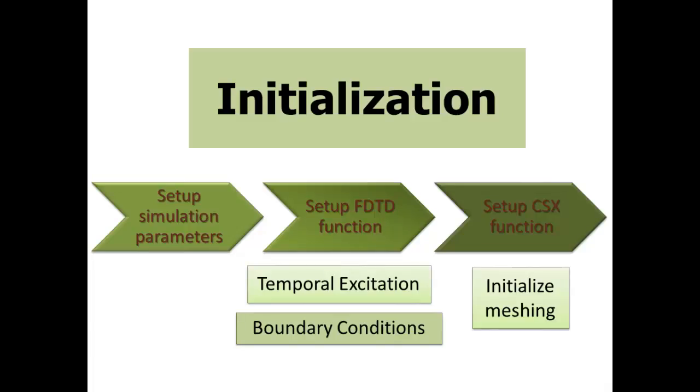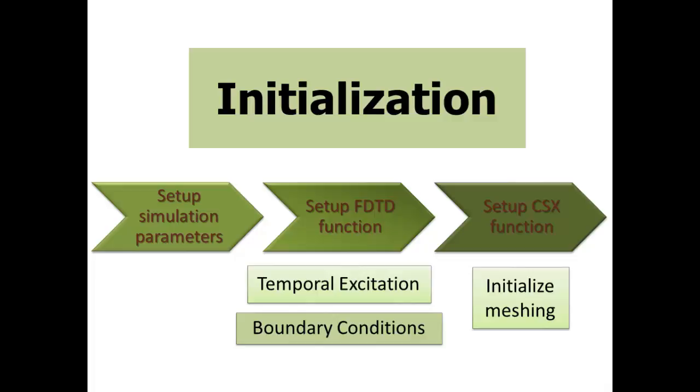Initialization includes three main steps. The first step is to set up the simulation parameters, which are the constants used during the whole simulation. Then set up the FDTD function, which is related to the temporal excitation and the boundary conditions.